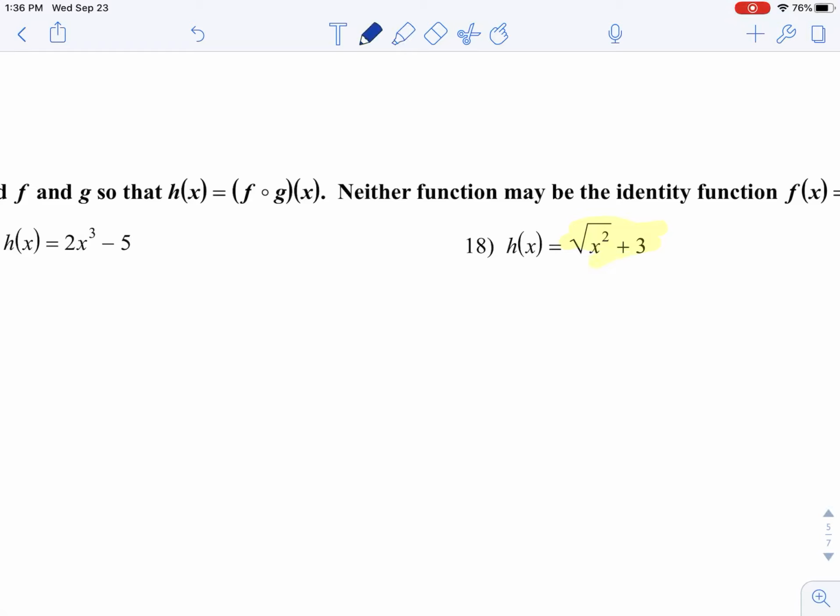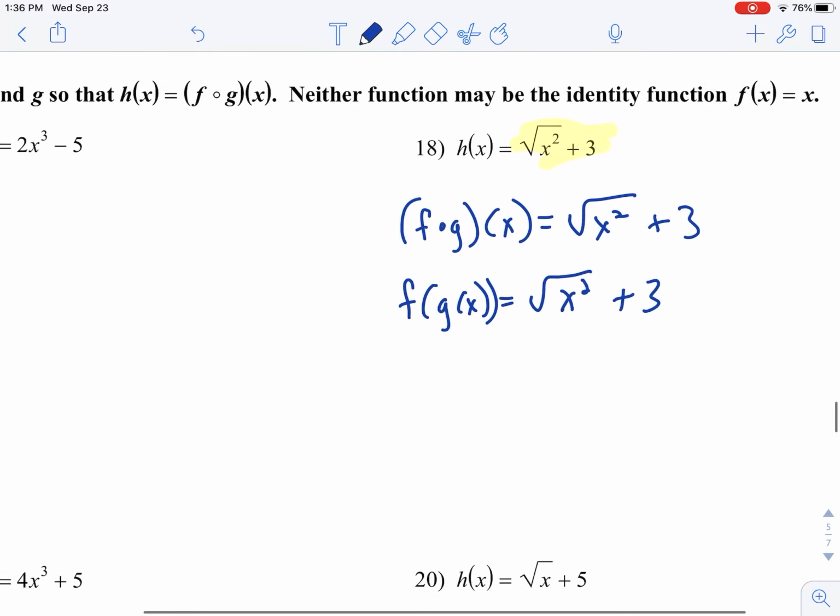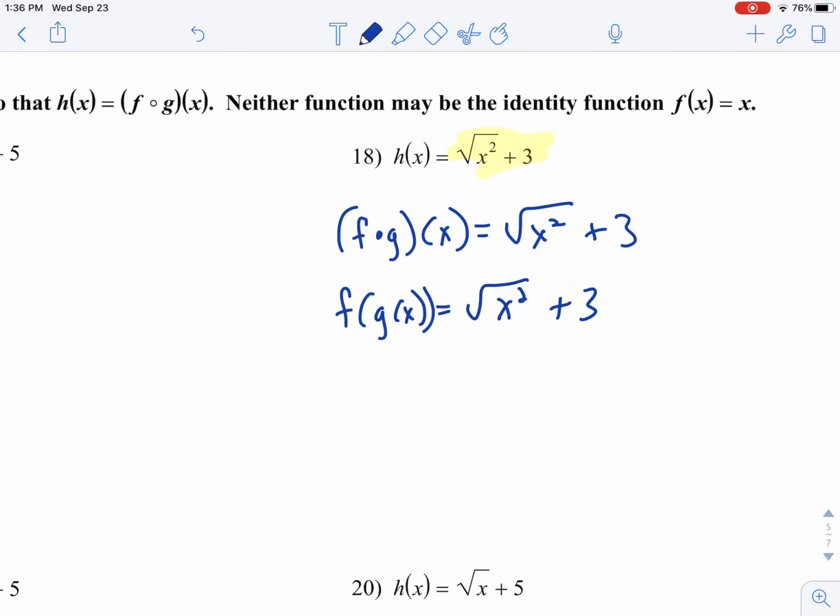So we've got f of g of x equals radical x squared plus 3. What looks like it's being plugged in to another function?